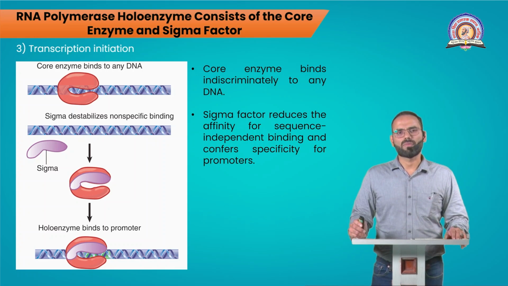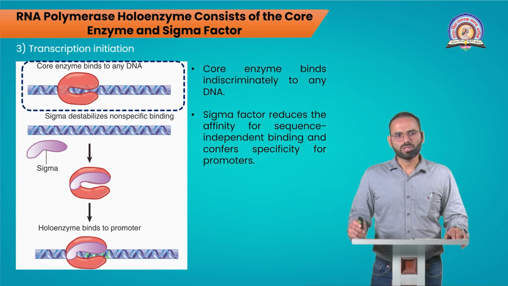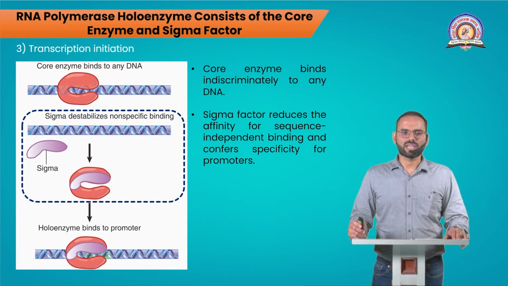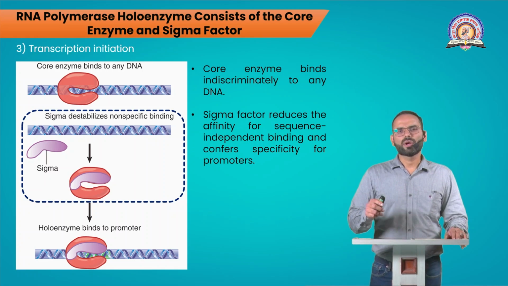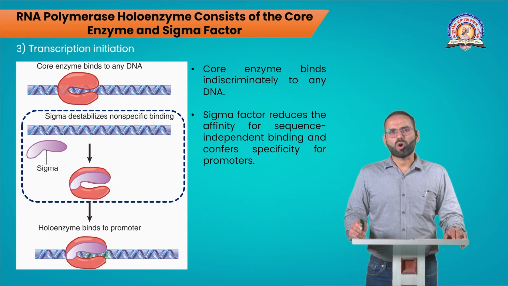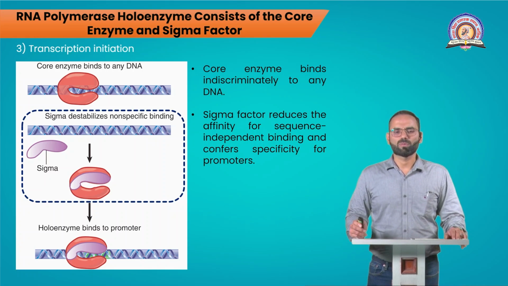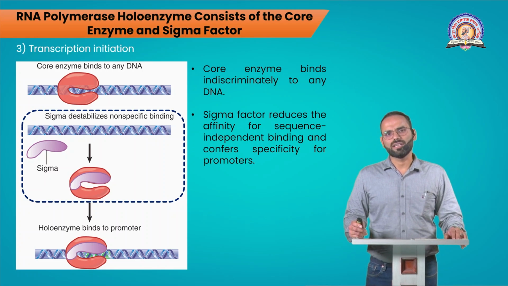Once the binding is over, this results in a stable complex between the sigma factor and the RNA polymerase. And this RNA polymerase and sigma factor complex goes and binds specifically onto the site of DNA, that is the promoter. This results in very high affinity binding, and this in turn results in the initiation of the transcription process.